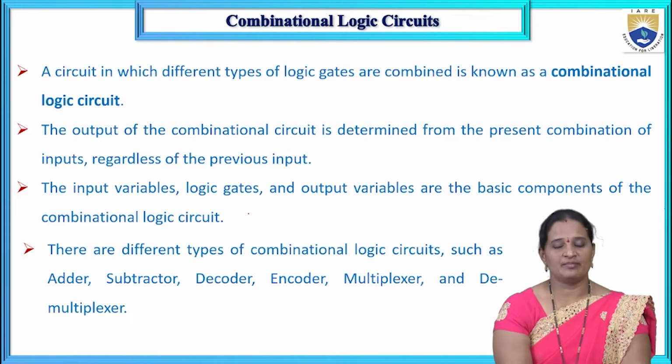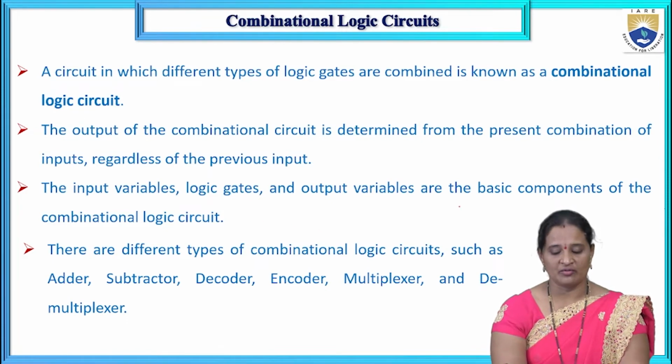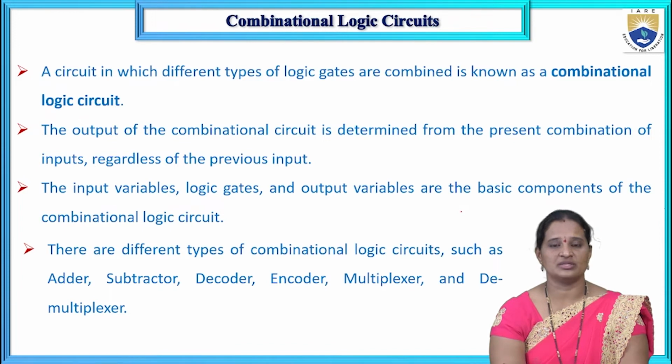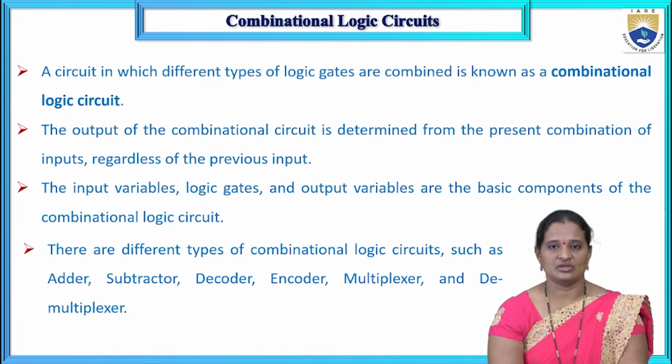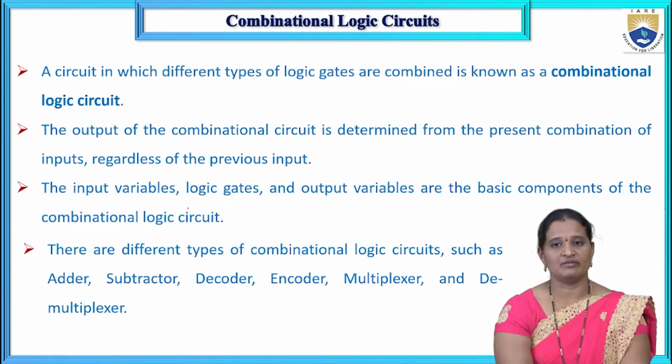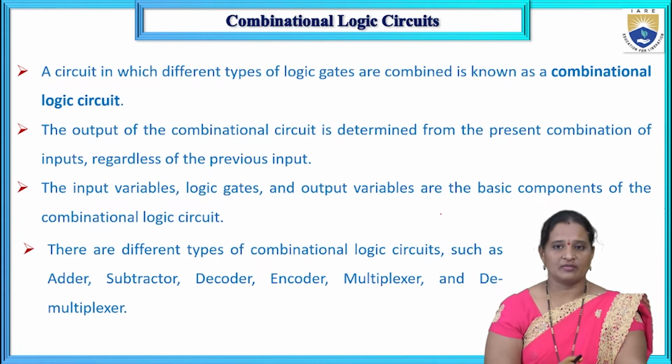The input variables, logic gates and output variables are the basic components of a combinational logic circuit. There is no feedback provided between the output and input, and there is no memory element in the combinational circuit. It consists only of input variables, logic gates and output variables.